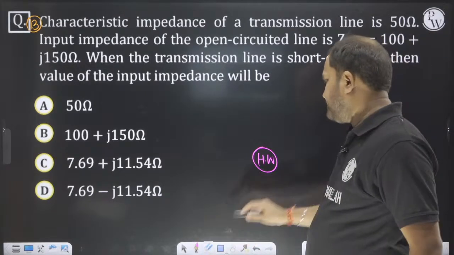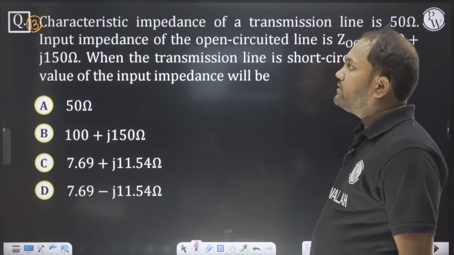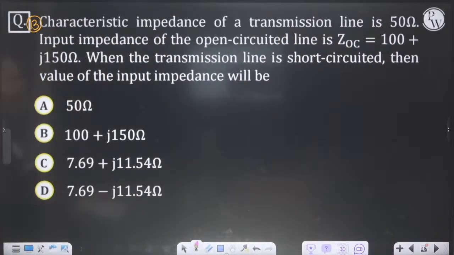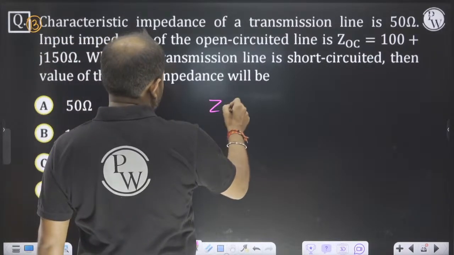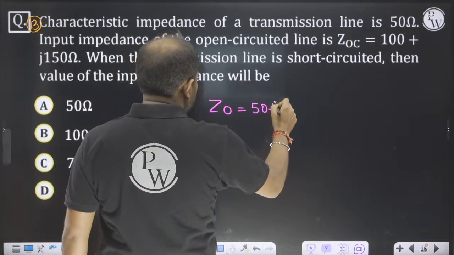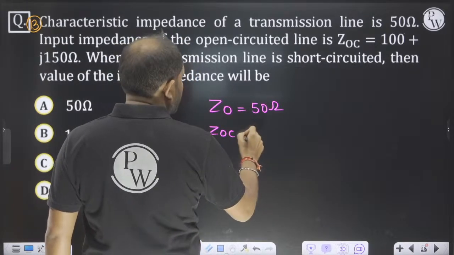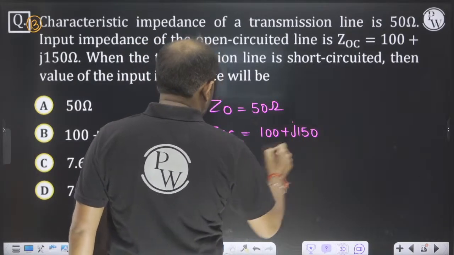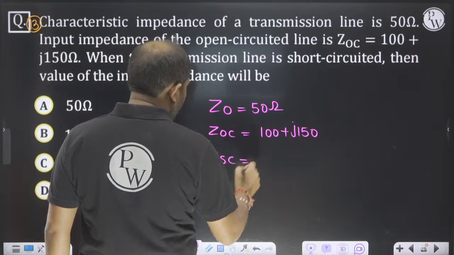Next question. What have they asked? Characteristic impedance of transmission line Z0 is 50 ohm. Input impedance with open circuit is given, transmission line short circuited, ZSC they are asking. So Z0 is equal to 50 ohm, ZOC is equal to 100 plus J150, and ZSC is equal to what?